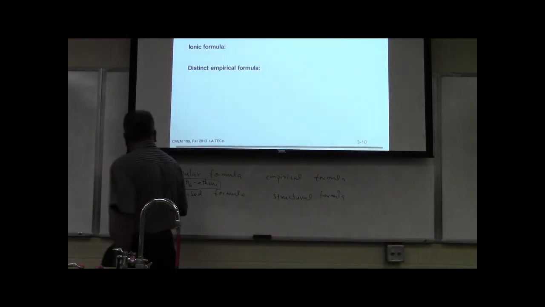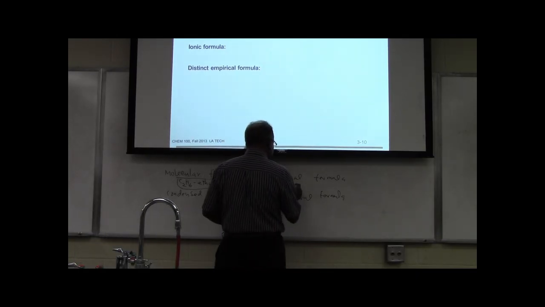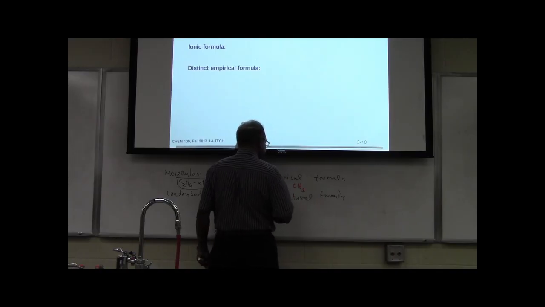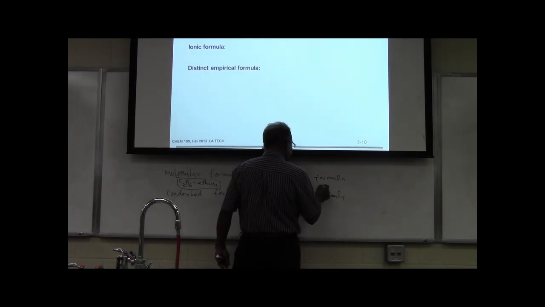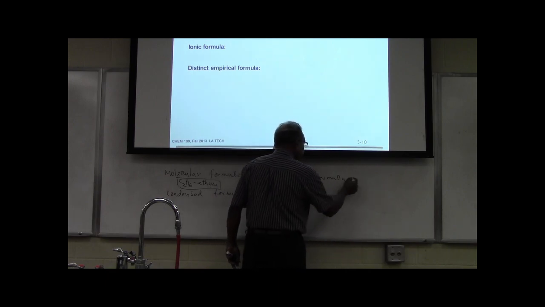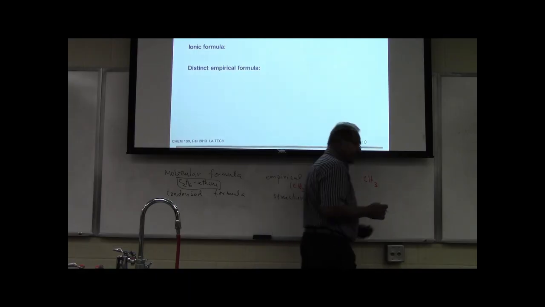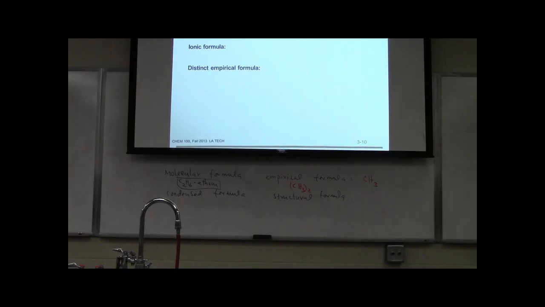But sometimes a molecular compound can have a simple formula like this, CH3. That means a factor of 2, right? So the empirical formula in this case is CH3, the simple ratio of atoms, all right? 1 to 3, we talked about it.